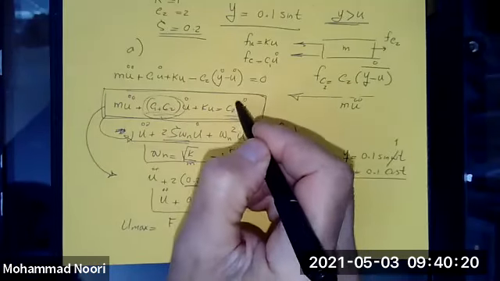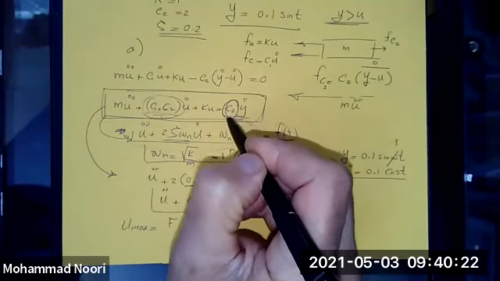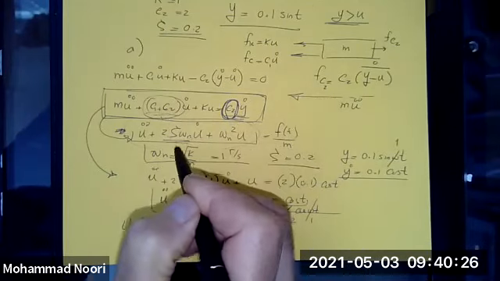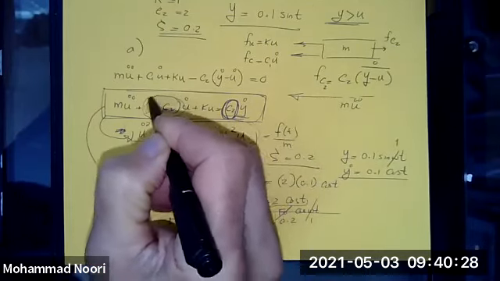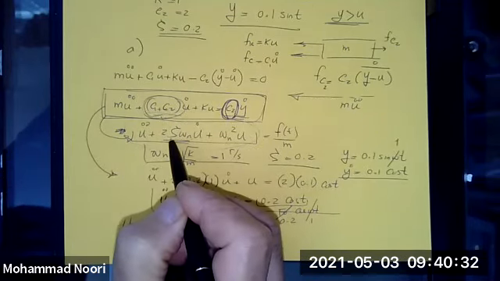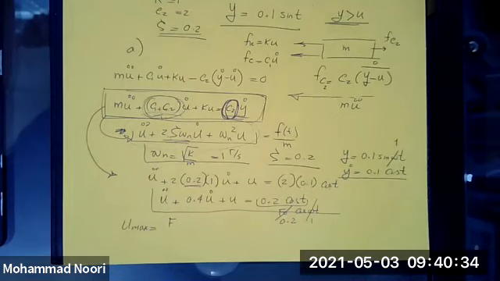Because you're only given C2, right, but not C1. Instead of C1, you're given basically the combination of these divided by m, which is zeta, or 2 zeta omega n.